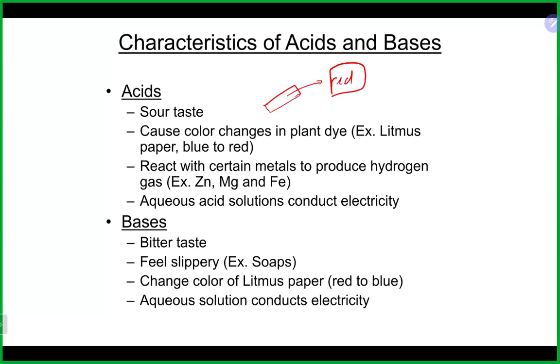They also react with certain metals, like we talked about, single replacement reactions. Like if I take some zinc and some hydrochloric acid, it will do a single replacement reaction and kick out the hydrogen and make some zinc chloride and some hydrogen gas.